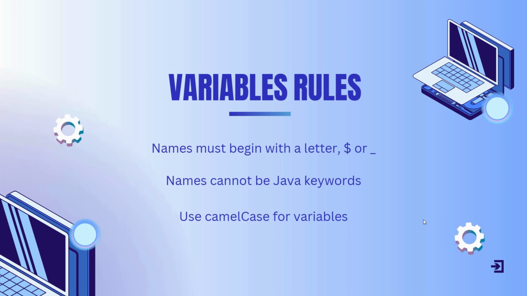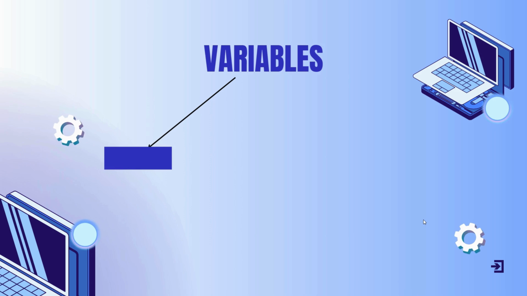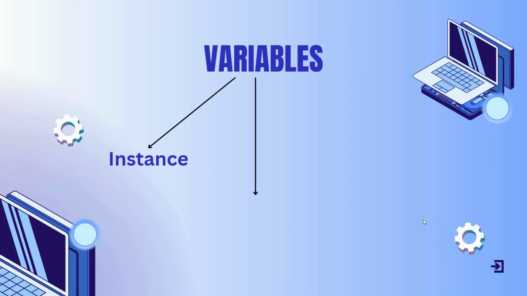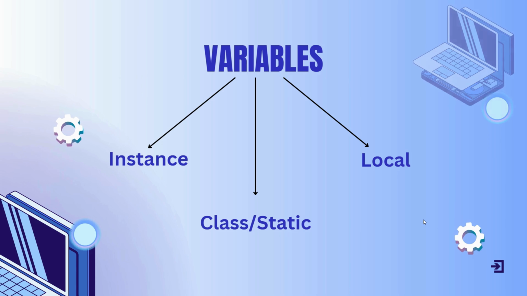That's why it's mentioned to use camel case for variables. Now it can be instance, class or static, or local. These things we can discuss in further sessions, because during programming it will be easy to explain.